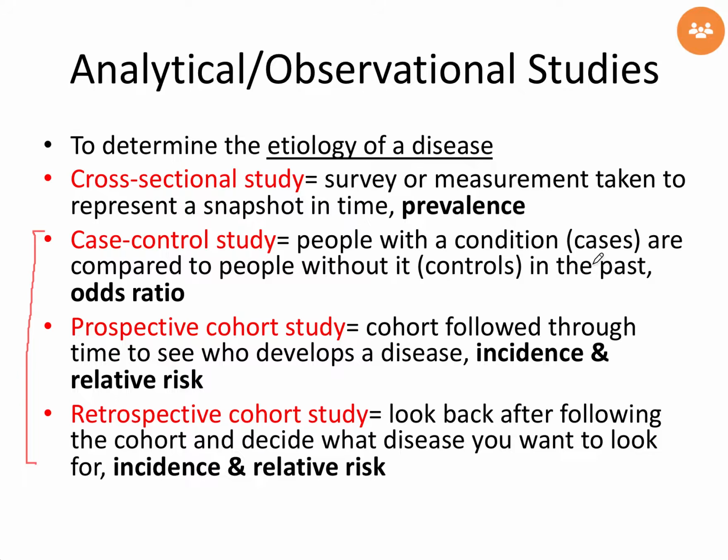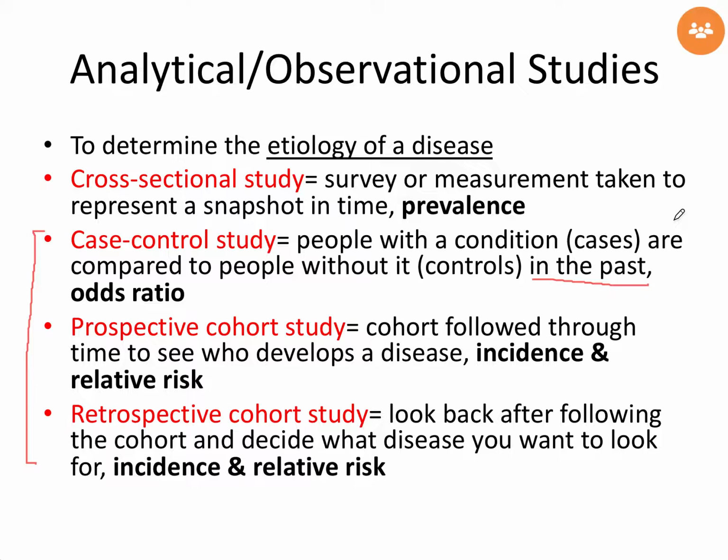So for example, you'd have separate groups of people, those with oral cancer and those without it, and then you'd search through their past medical records to look for the presence or absence of alcohol drinking. That's our risk factor for these examples. And you do this in order to determine the odds ratio. How likely is it that alcohol is associated with oral cancer? So this is a retrospective study because we're looking in the past, but it did involve some period where the patients had to be followed.